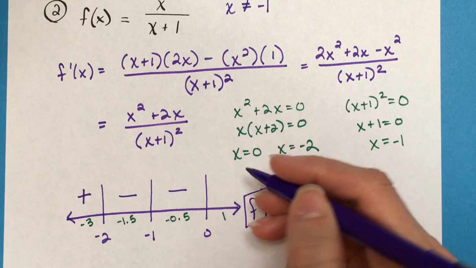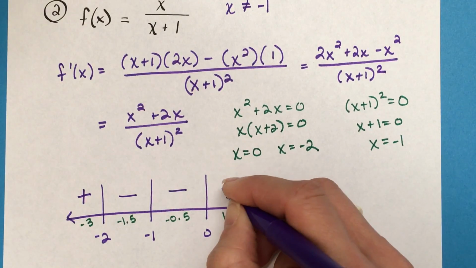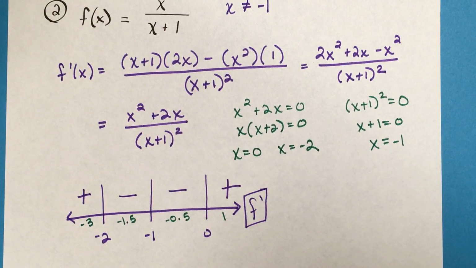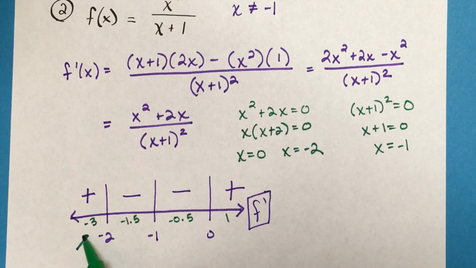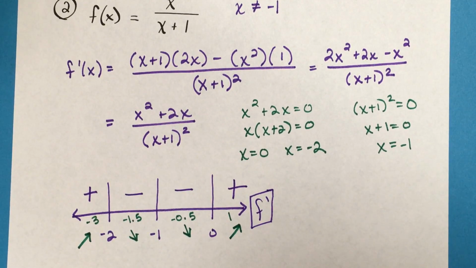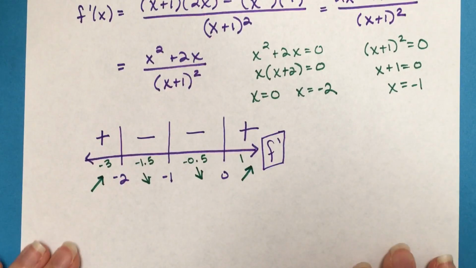And then last, if you substitute in 1, then you're going to get something that's positive. So that would mean this is a section that's increasing, decreasing, decreasing, and increasing. Okay, so writing out what we have here for these intervals.